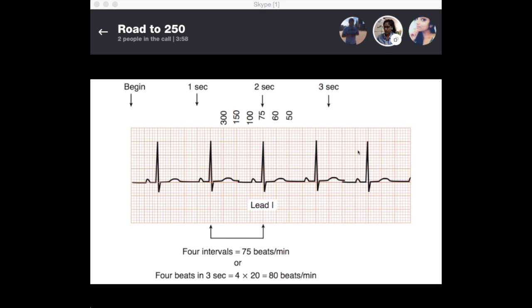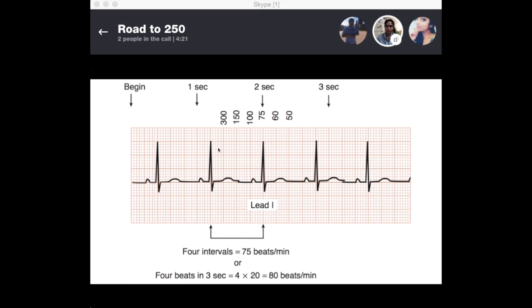And then the rate is going to be determined by, so I guess it's not really important to know the exact heart rate, but you want to see if they're within normal range, like I said, between 60 and 100. You start at the R wave, and then you count beats down.